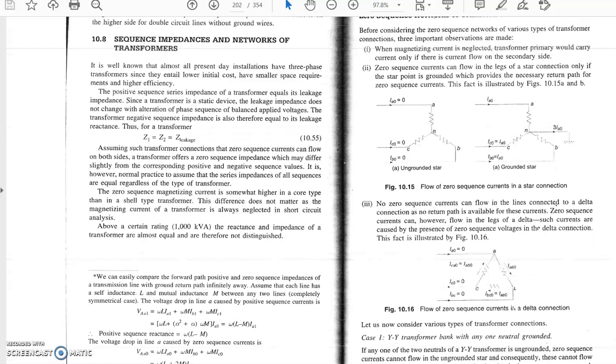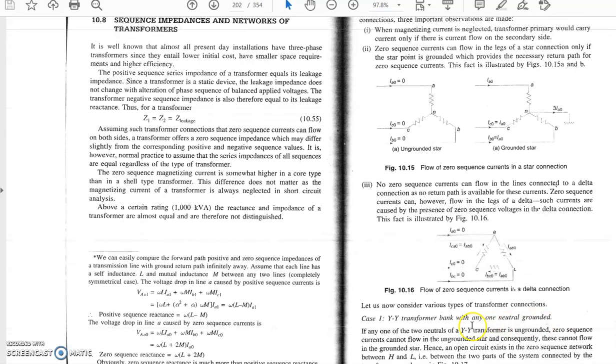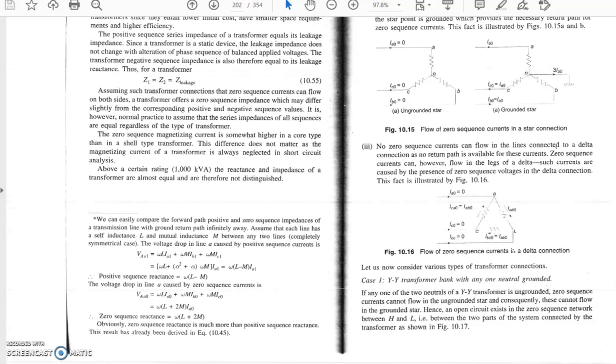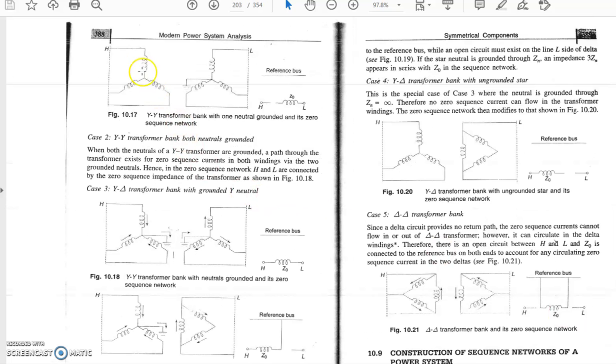The first connection we will discuss is the star-star transformer bank with any one neutral grounded. We take the example of a star-star connection. This is star, this is star, and the secondary star is grounded. If we want to make the zero sequence network of this connection, as this primary is a star connection and is not grounded, no zero sequence current flows.